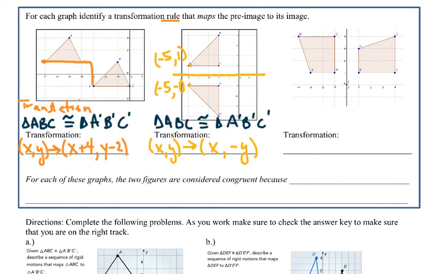And the last one, if we draw, we can see that it's not a flip, and we can see that it's not a slide. So it must be a turn. So let's take a look at the points. A is the point (1, 3), and A prime is the point (-3, 1).